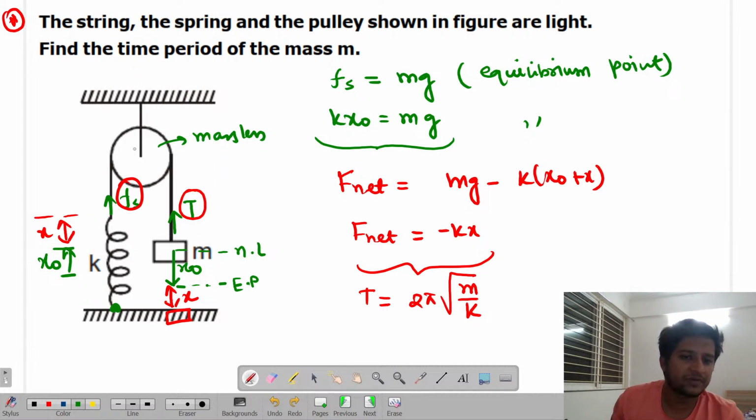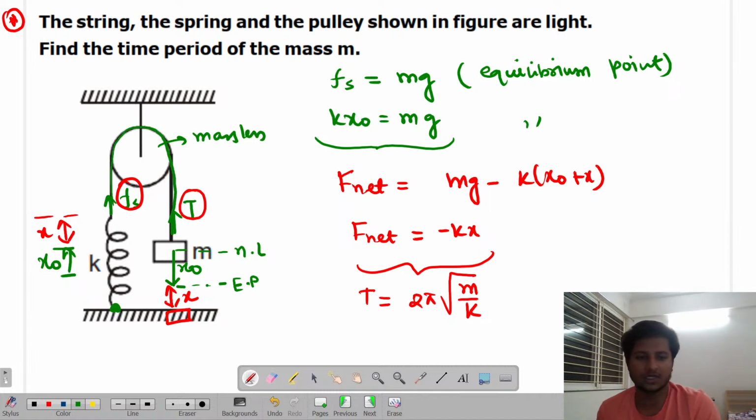Because pulley is frictionless and massless, so this length of the thread will behave like a component of a string. Are you able to get me? पुली मासलेस है, पुली के पास फ्रिक्शन नहीं है तो उसके वजह से कुछ इफेक्ट आएगा क्या, नहीं ना. बस तो इसीलिए अपन ने क्या किया, जितना लेंथ स्ट्रिंग में चेंज हो रहा है उतना ही लेंथ स्प्रिंग में भी चेंज हो रहा है, तो उस स्ट्रिंग को अपन ने स्प्रिंग की तरह ट्रीट कर लिया. Is that clear?